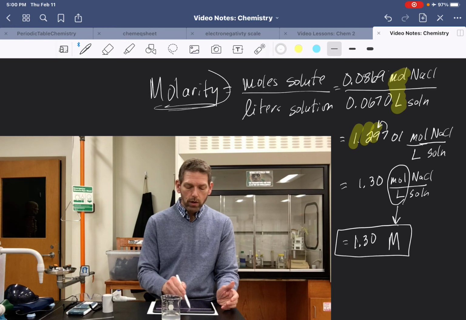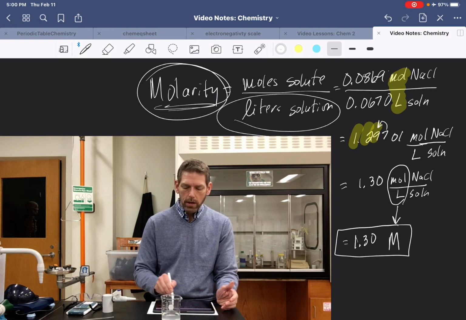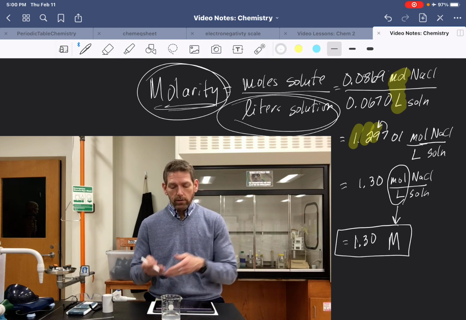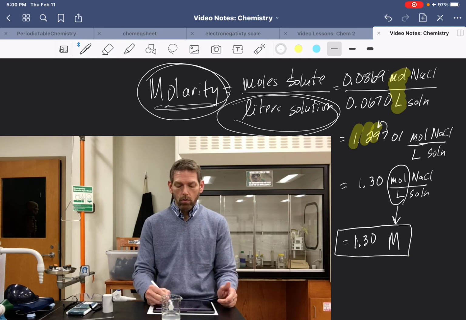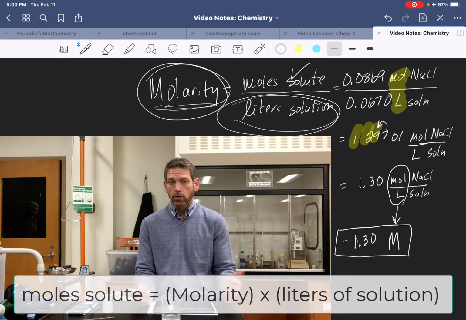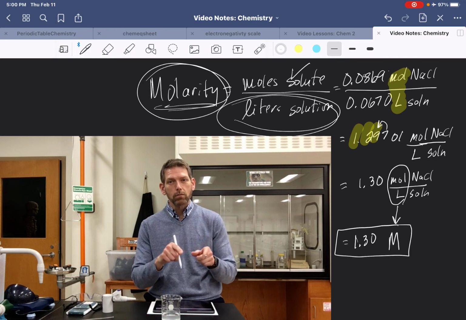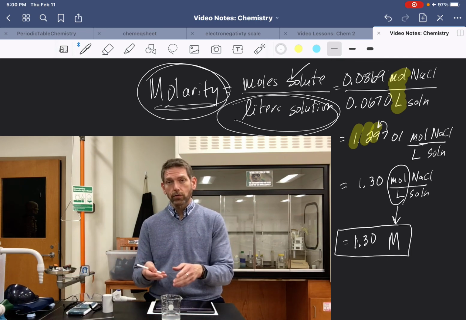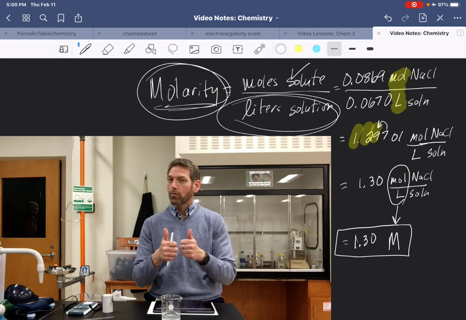If you know you need a certain molarity and you know how many milliliters you need, understanding that's going to be in liters, you just do your math to solve for moles of solute, just like your math teachers taught you in your algebra classes. And once you know moles of solute, we convert that into grams of solute. Go to your scale, measure it out, measure out your liquid, mix them together, stir it up. You're good to go for lab.